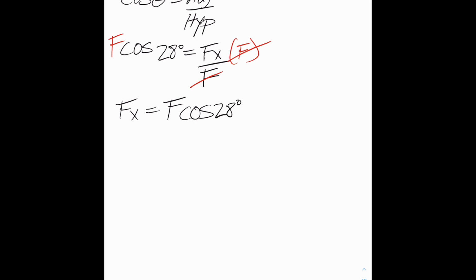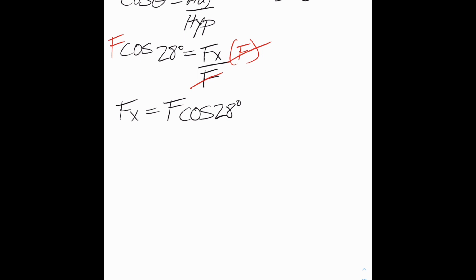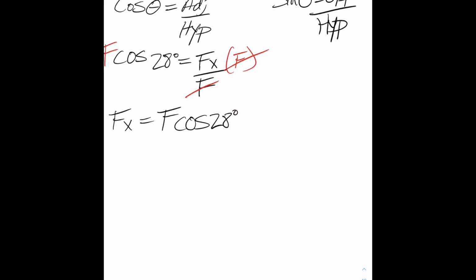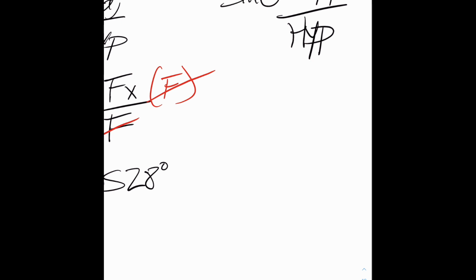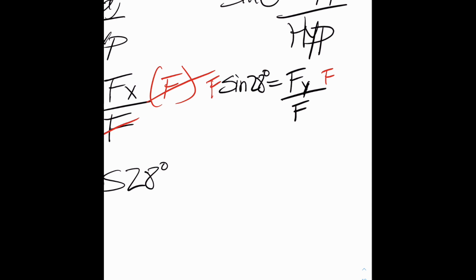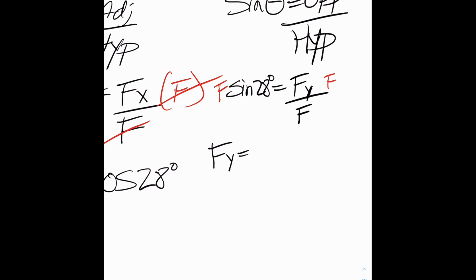And by that same logic for sine, hopefully you can see all this and it's not getting cut off by the screen. Okay, this is a little bit better. We have sine of 28 is equal to the opposite, which we said is Fy, over the hypotenuse, which is F. Multiply both sides by F, and by that same logic, we see that Fy is equal to F sine 28.